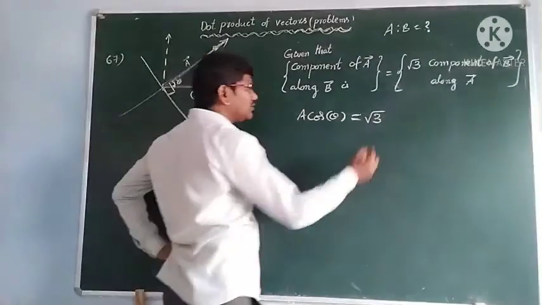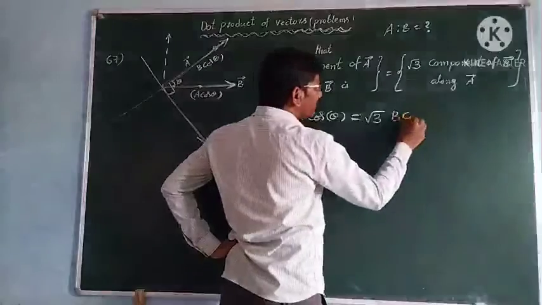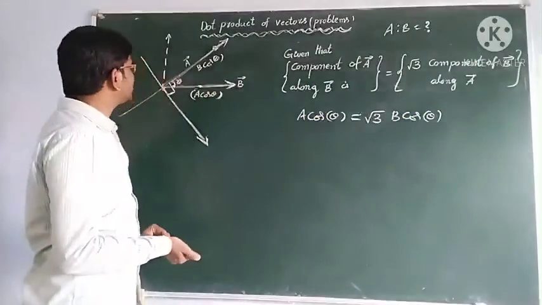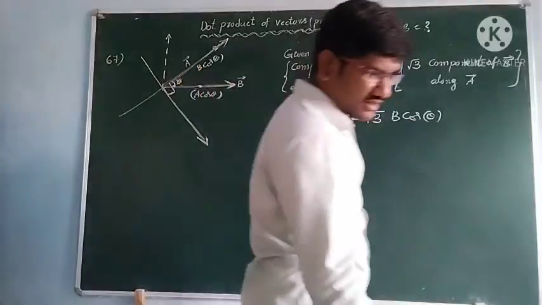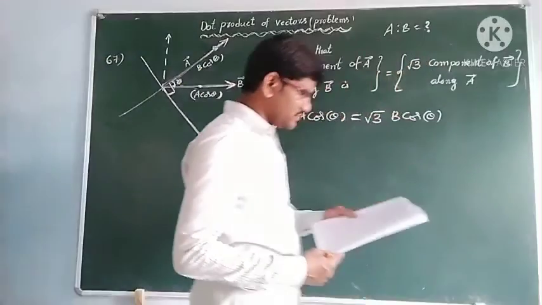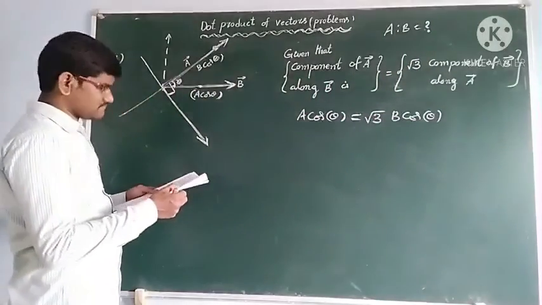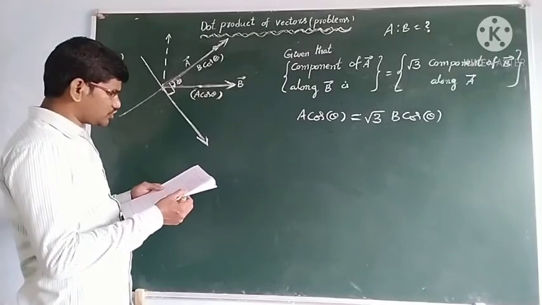That is equal to root 3 times b cos theta. Okay students, that is the given data. Then a is to b is what is asked.